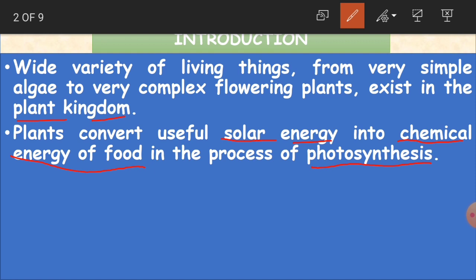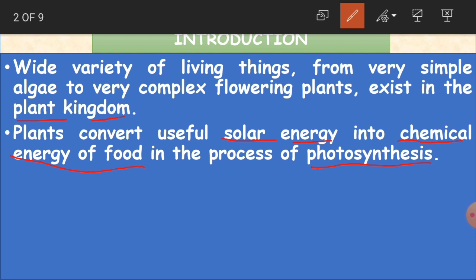We have learned in the earlier classes also that when the photosynthesis process is going on, sugar and oxygen are released.